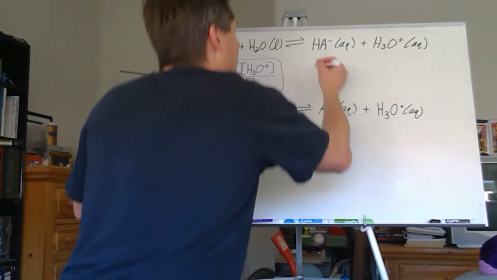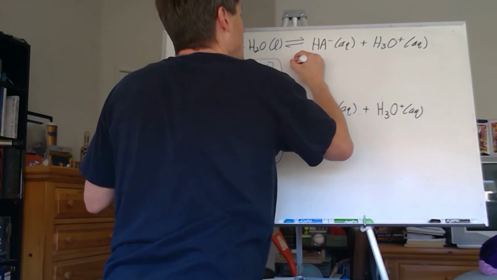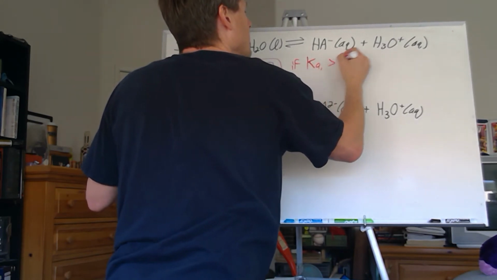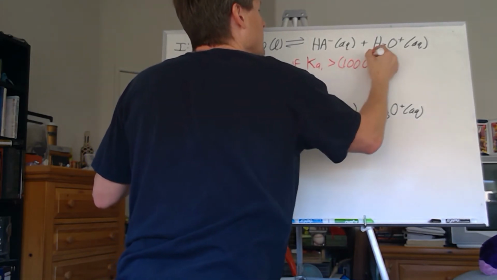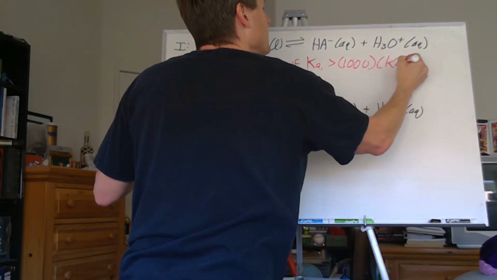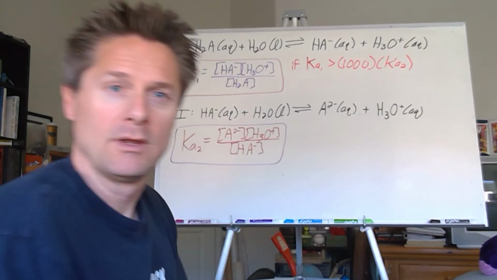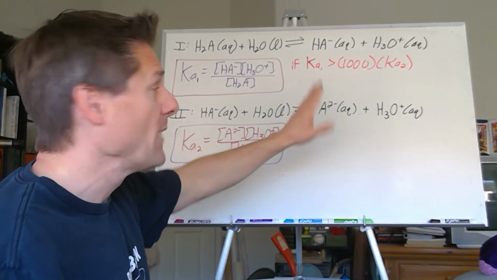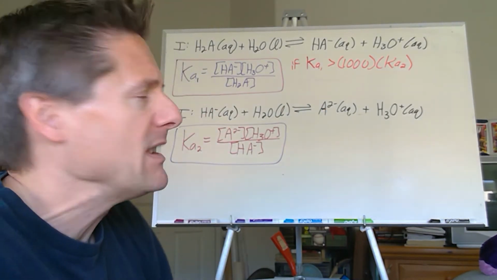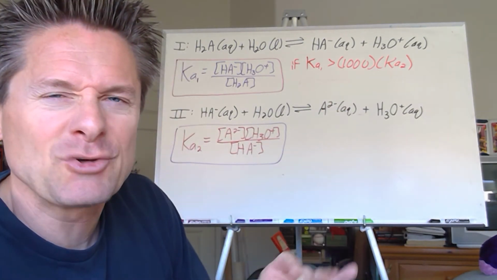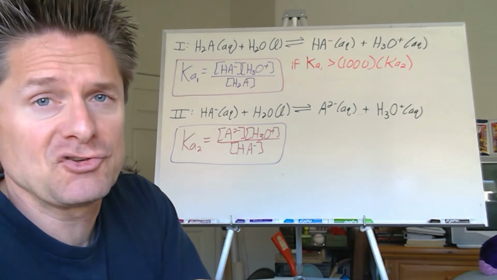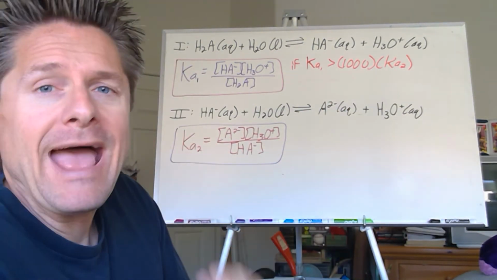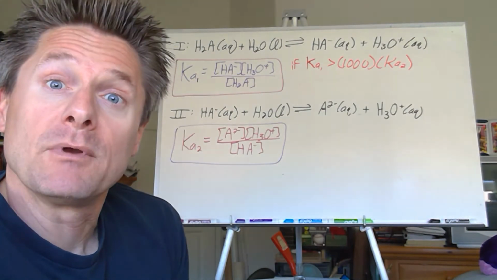But remember, we have to check Ka1. If Ka1 is greater than 1,000 times Ka2, we can assume the second step is negligible, right? But what does that mean? I'm going to show you a neat little trick. And the reason I'm going to show you this trick is, what if I ask you the concentrations of all equilibrium species?